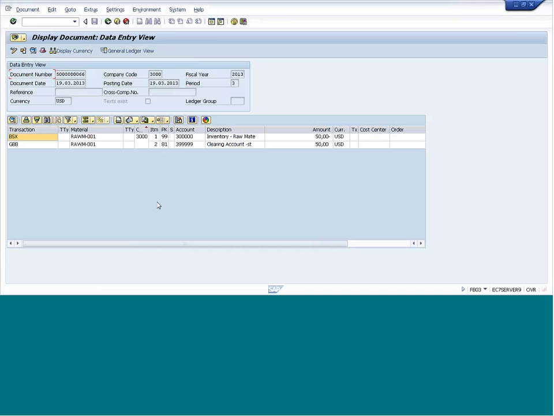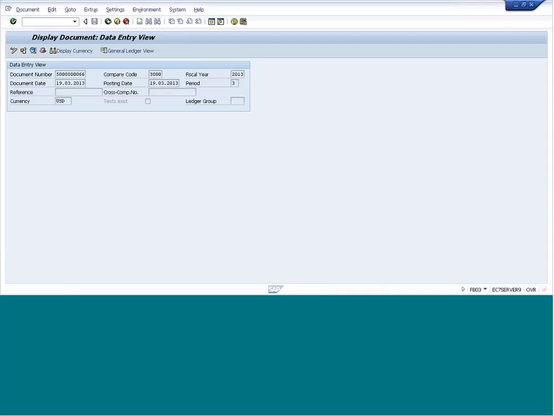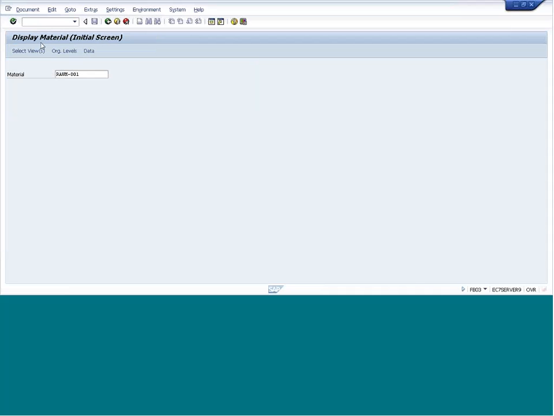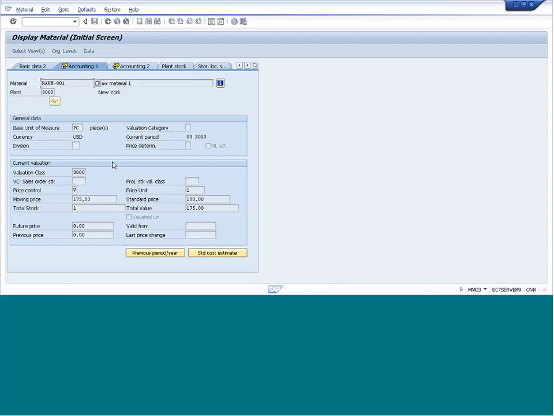You had a total value of 225. 225 minus 50 should result in your moving average price. So the moving average price now should become 175, for one quantity only, because we cancelled it right now.